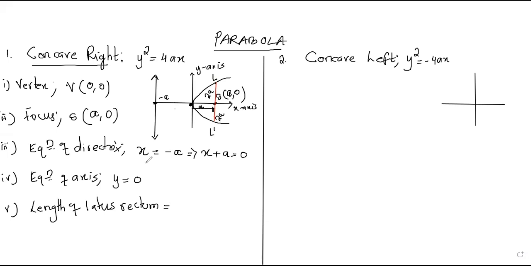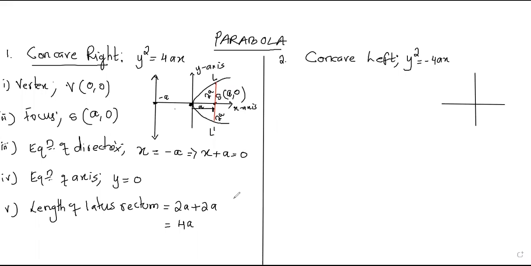4a. Yes, 4a. That is 2a plus 2a, which is equivalent to 4a units. Whenever we talk about length, you always need to write the units.